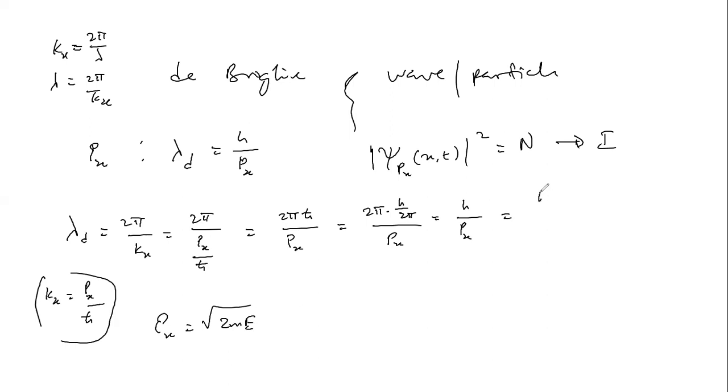So this is going to give us h over the square root of 2mE. So it means that the de Broglie wavelength is related to the energy of the wave. So this is in free space.